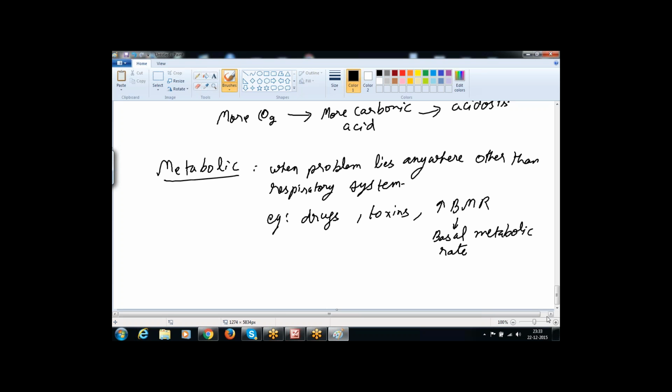So if the problem lies anywhere else, in any organ, kidneys, drug, toxin, basal metabolic rate, or some hormonal problems, it can lead to acidosis. So anything other than the respiratory system is called metabolic. Is that clear?